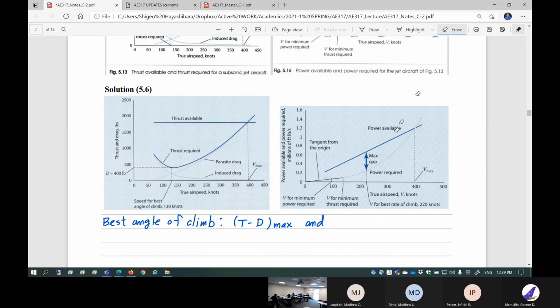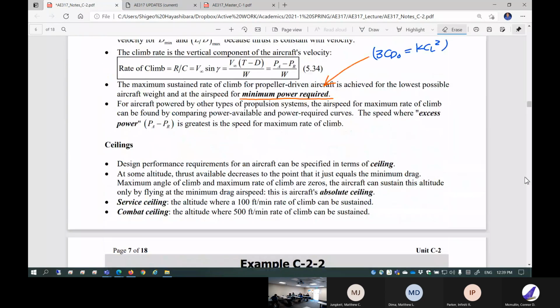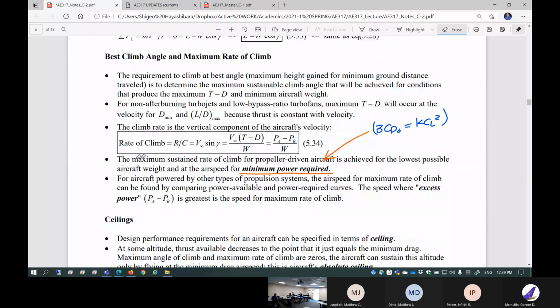Let's just go back and take a look at the equation once again. So this is the rate of climb equation. What makes this optimal? Of course, airplane weight needs to be lighter, sure, but we cannot control that. So one thing we can control is thrust minus drag. If this is maximum, it's going to be maximum rate of climb. Or PA minus PR is maximum.